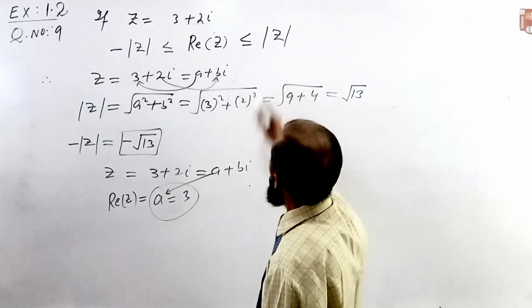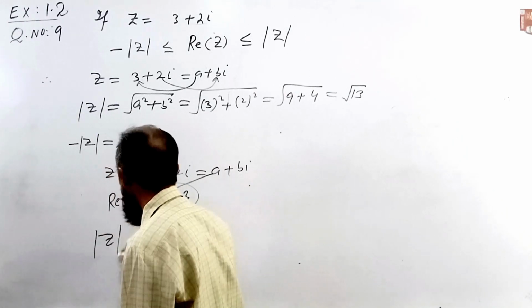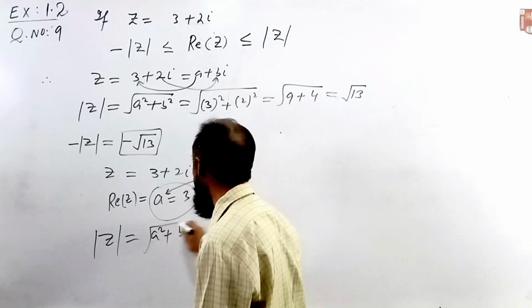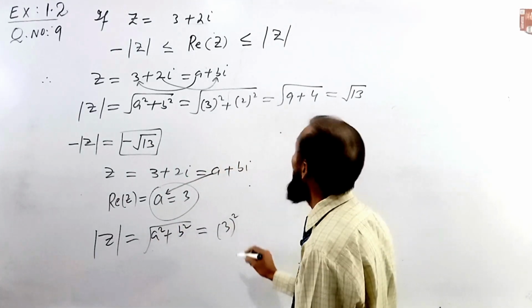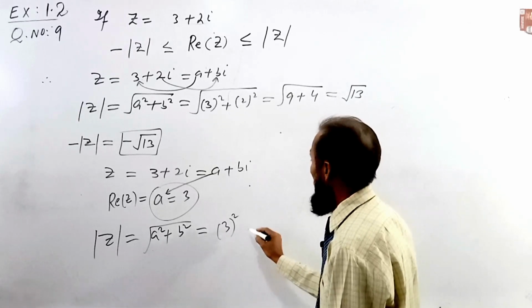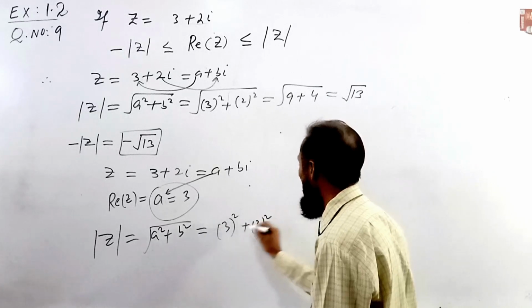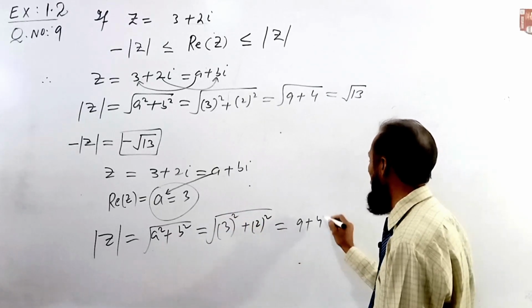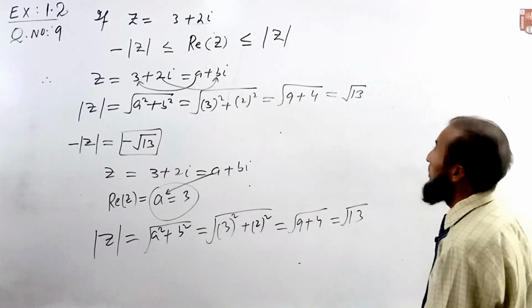So here we need the third part, absolute z, according to the formula square root of a square plus b square. Here 3 square plus 2 square, we get 9 plus 4, we get root 13.